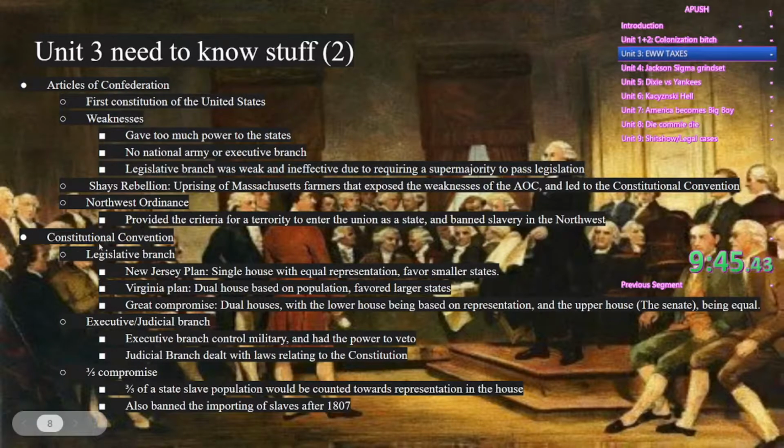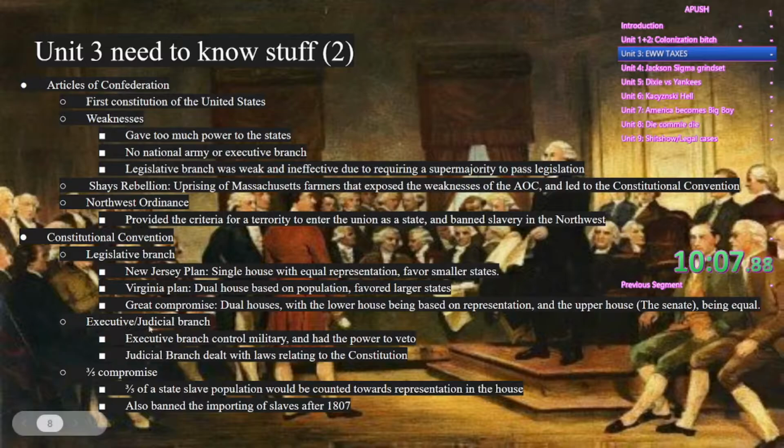Now, for the Constitutional Convention itself, you pretty much need to know the New Jersey Plan and the Virginia Plan, which were combined in what was known as the Great Compromise. The Great Compromise created the modern-day Congress.